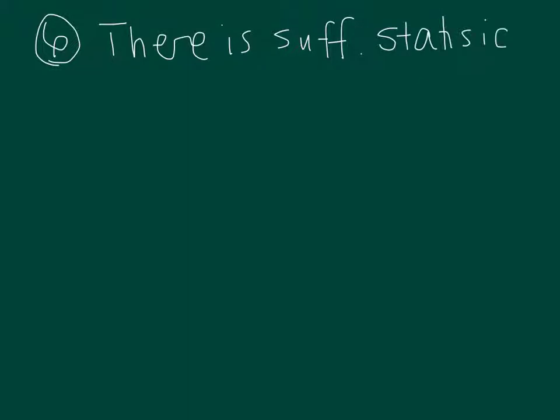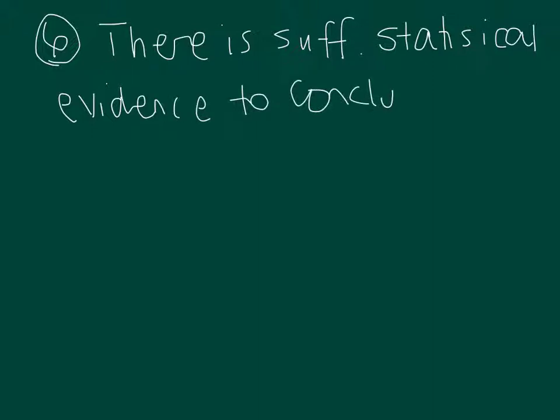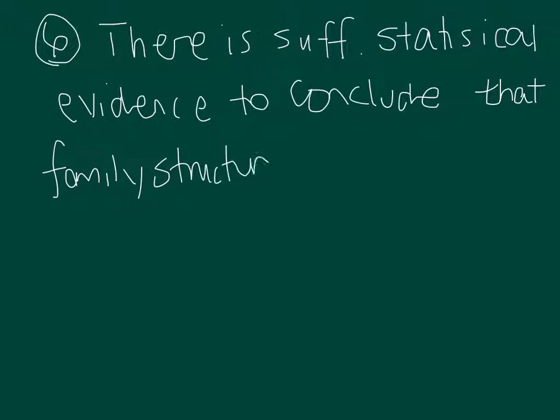Step 6. Here's our conclusion. So we have a p-value, rejected H0. So we definitely will say that there is sufficient statistical evidence to conclude that family structure matters in school performance of students.